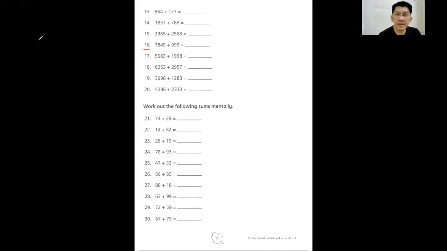I'm going to write down here 7,849 plus 999. So I write 999. So I draw a line, and remember that's a plus operation. Okay, so remember that you always have to put it in this format to help you out.